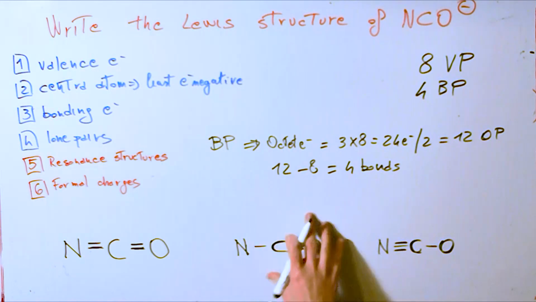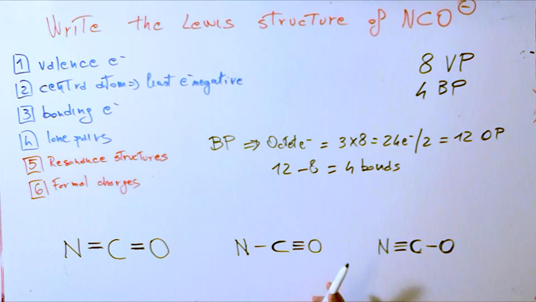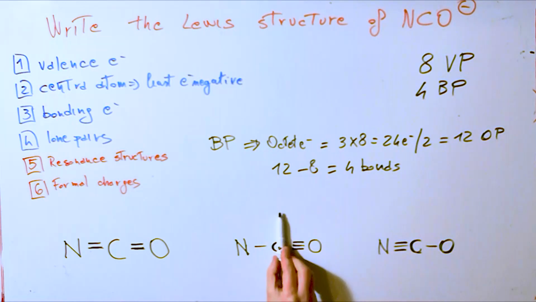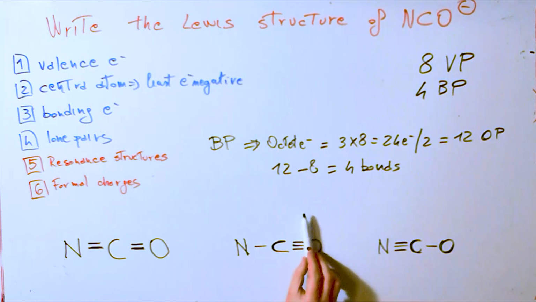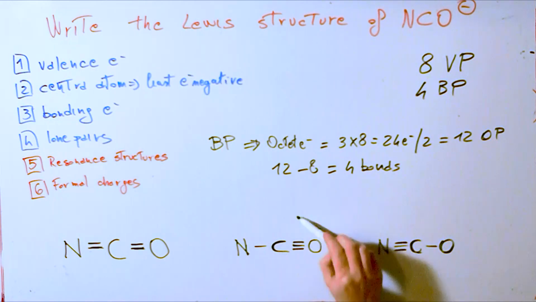We cannot say it now. Of course, if you know that a carbon triple bond to oxygen is something very weird to write, you can already rule out this one.